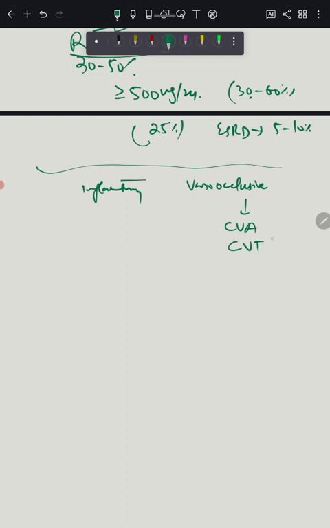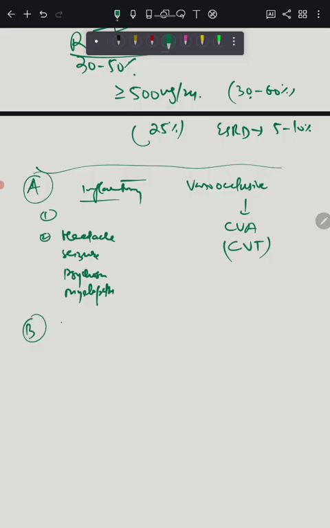The inflammatory conditions that you will see are, one is cognitive dysfunction, second is headache, seizures, and psychosis or myelopathy. And then vascular conditions. So this is A, neurological conditions, B, vascular conditions.